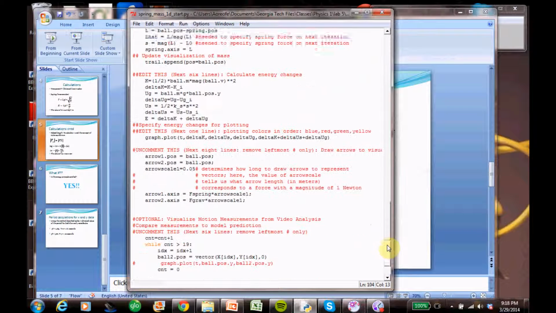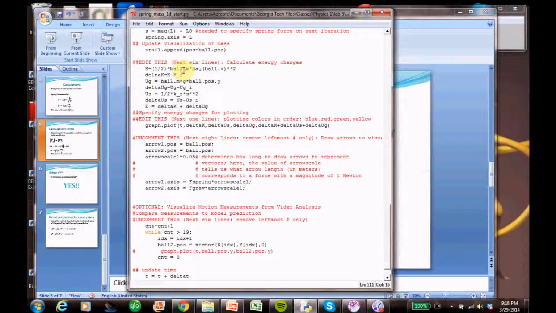After doing that, I calculated the value of the kinetic energy of the ball, as well as the change in kinetic energy, the potential energy, the change in potential energy of gravity, and the potential energy of the spring. I also calculated the change in potential energy of the spring.